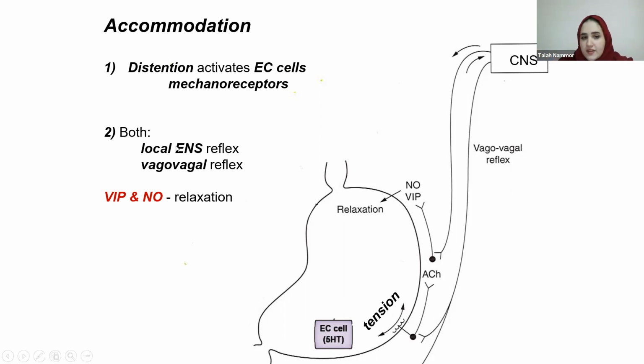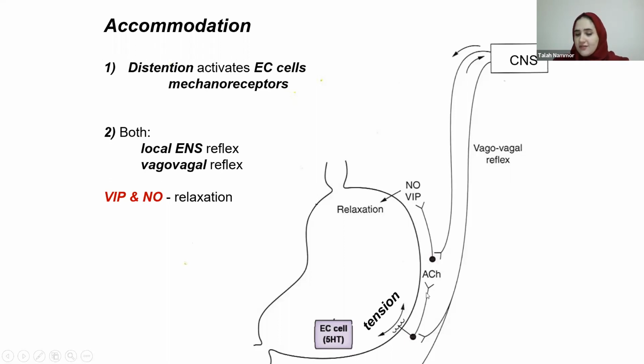This is what he means by local enteric nervous system reflex. So basically, the EC cells release serotonin that will act on muscarinic receptors. Sorry, serotonin is released. It will go to this neuron. This neuron is a part of the enteric nervous system.